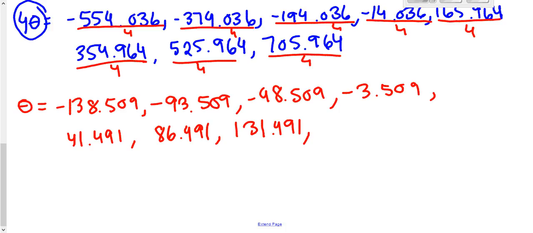Oh, and these were all to 1 decimal point. Of course they were. So let's go back and round everything. Those will be 0.5. That'll be 0.5, 0.5, 0.5.